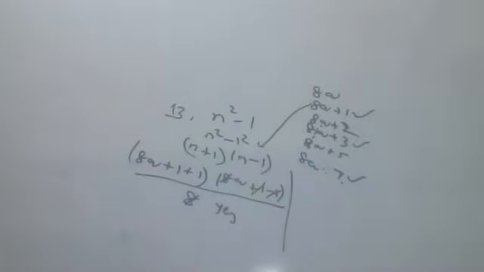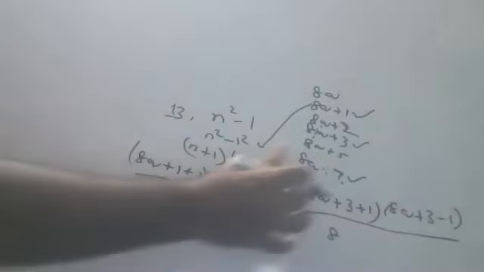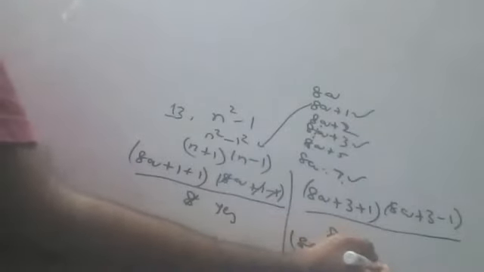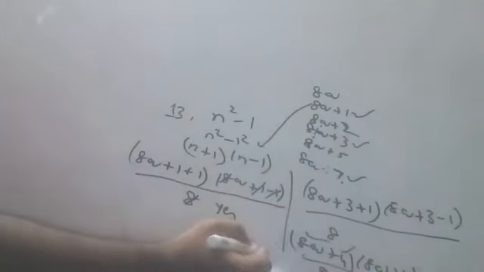Next, you have to show with 8q plus 3, children. 8q plus 3 plus 1 plus 1, 8q plus 3 minus 1 by 8. What this will be? 8q plus 4, 8q plus 2 by 8. Here take 2 common, children. 2 if you take common, 4q. Okay, I'm writing up.